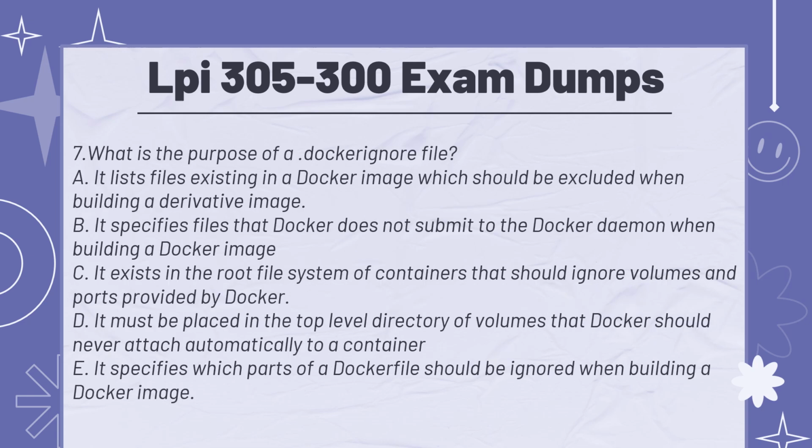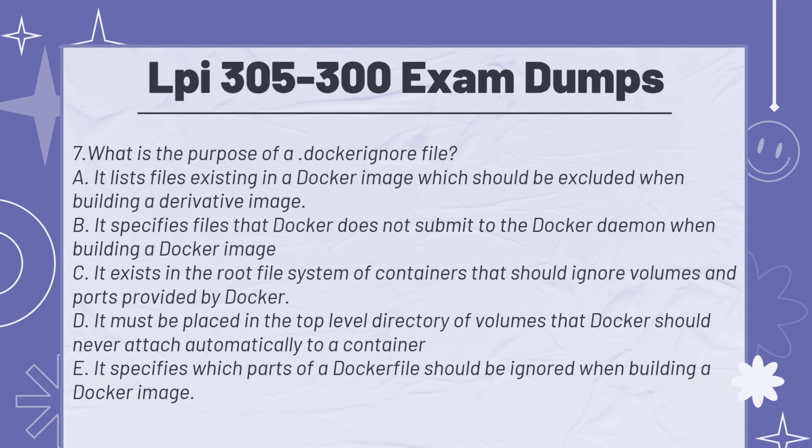7. What is the purpose of a .dockerignore file? A. It lists files existing in a Docker image which should be excluded when building a derivative image. B. It specifies files that Docker does not submit to the Docker daemon when building a Docker image.